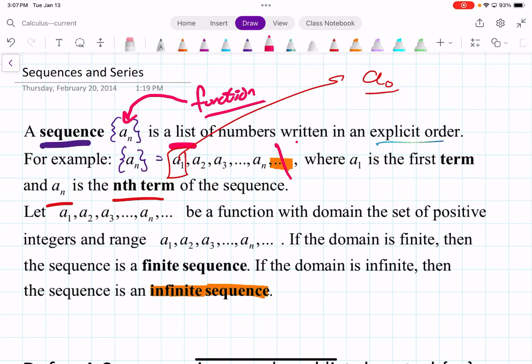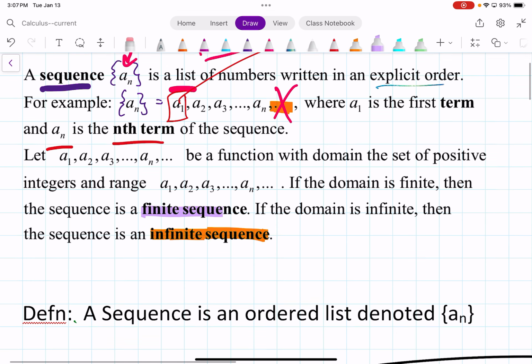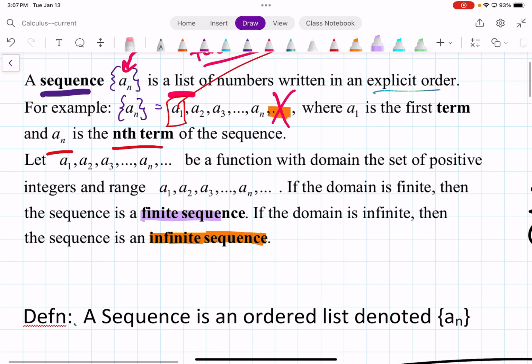If we didn't have the dot, dot, dot, that means it stops at some last number, and that would be finite, okay? So just maybe something general, and this would be worth having as the summary: a sequence is an ordered list denoted as braces a sub n. Ordered, that's the idea. There's a first, a second, a third, and so forth.